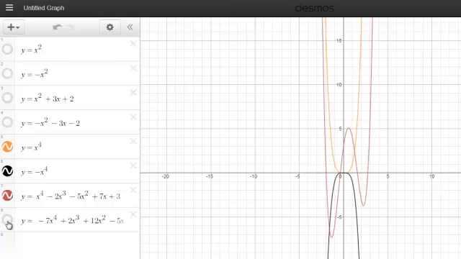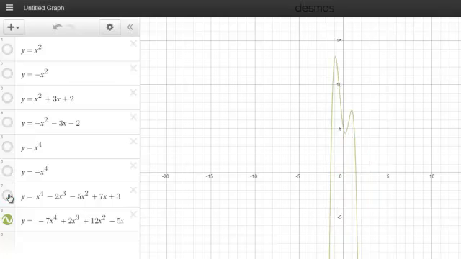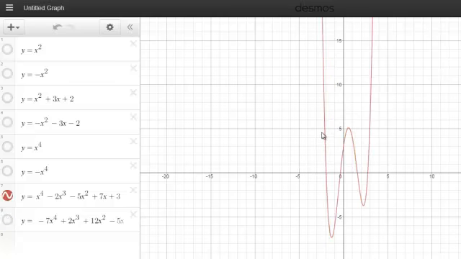Here is a negative x to the power of 4, so a function that has a degree of 4. The leading coefficient is negative, that's what I mean. The end behavior is going down in quadrants 3 and 4. And for the positive one, it goes up in quadrant 2 and quadrant 1.